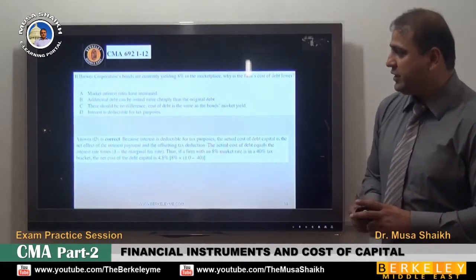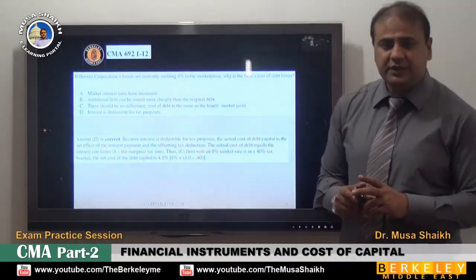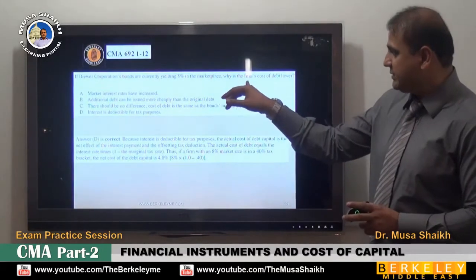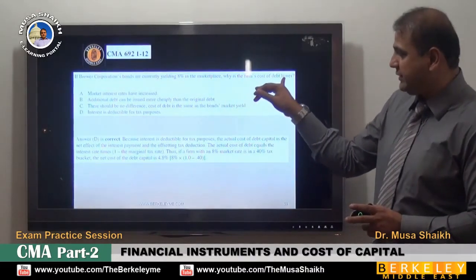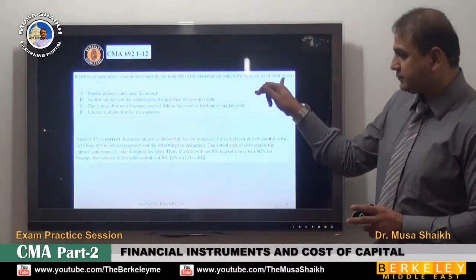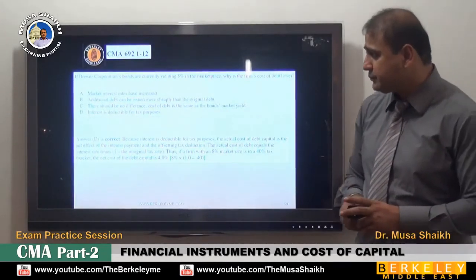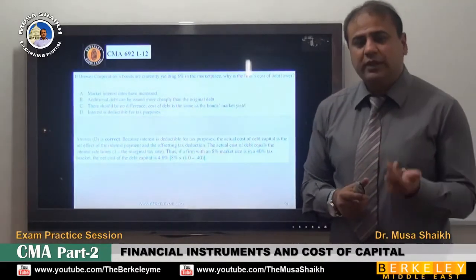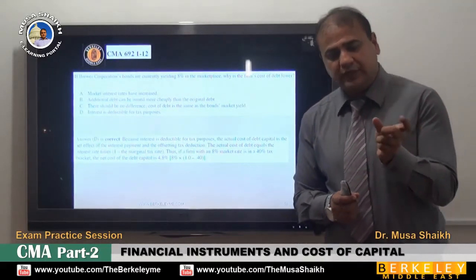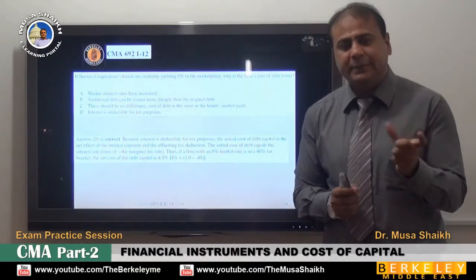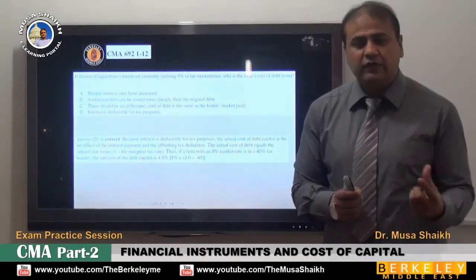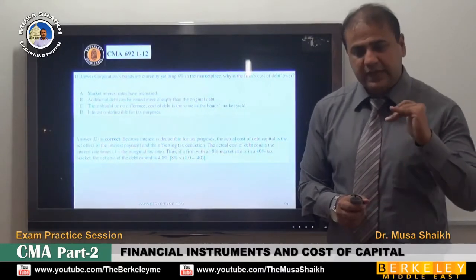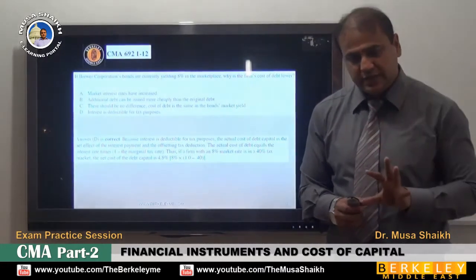If B Corporation bonds are currently yielding 8% in the market, why is the firm's cost of debt lower? Look, we should know the tax complication when we have common equity, preference equity, and bonds, because they have different tax structures.